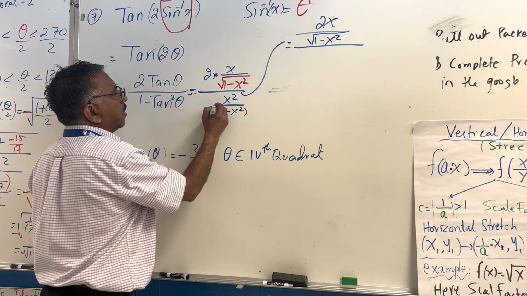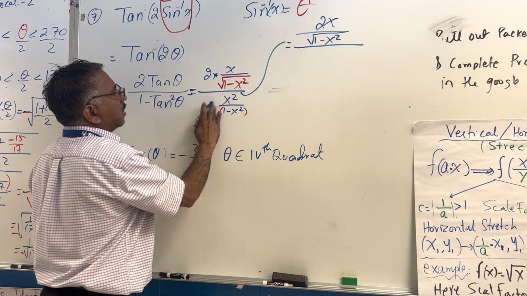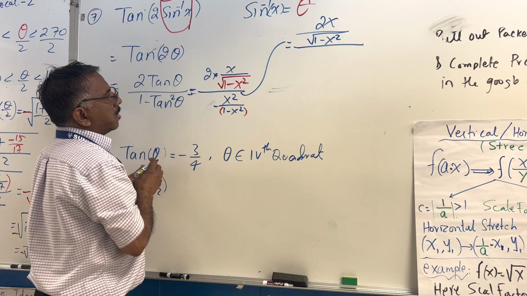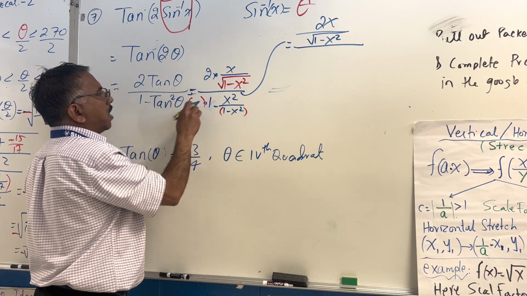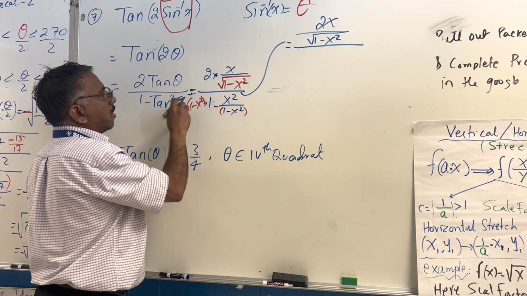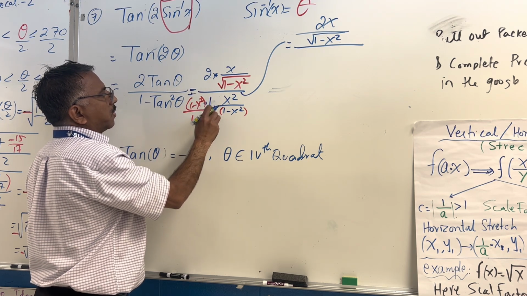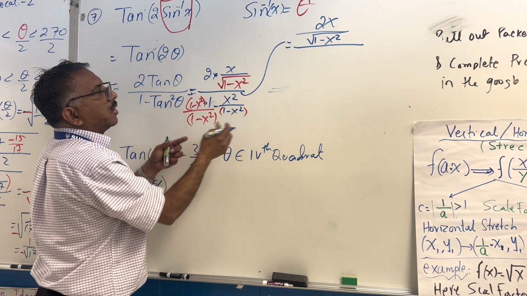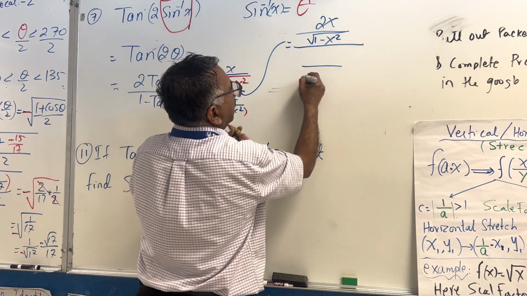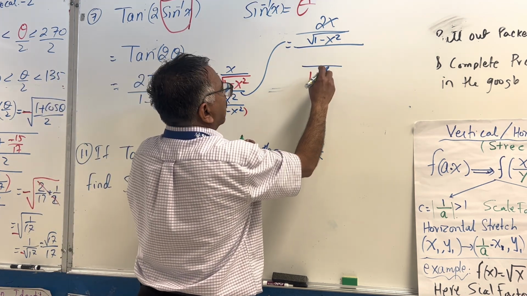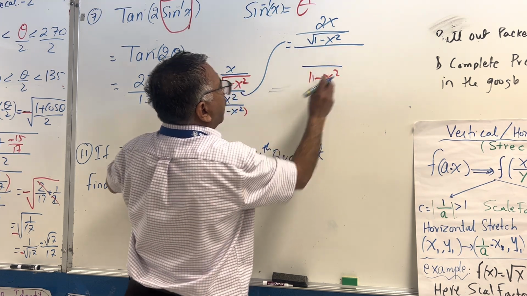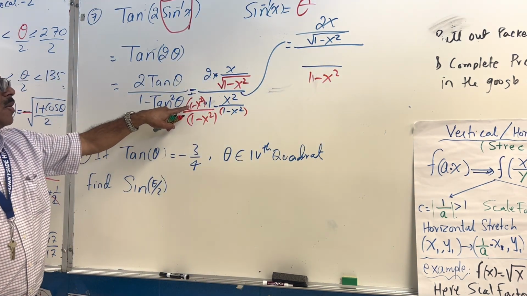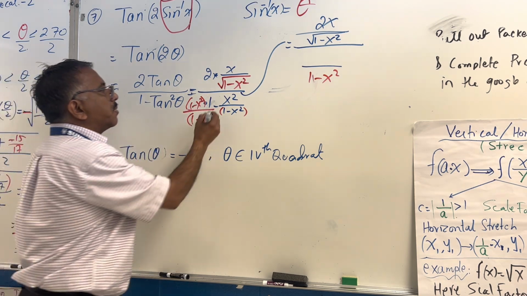Okay, let me see if I can make room. There was a 1, right? So I'm multiplying by 1 minus x squared and also dividing by 1 minus x squared, so that both the denominators are the same. So the denominator is 1 minus x squared, and the numerator will be 1 minus x squared and another minus x squared.